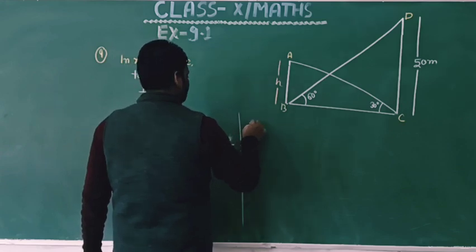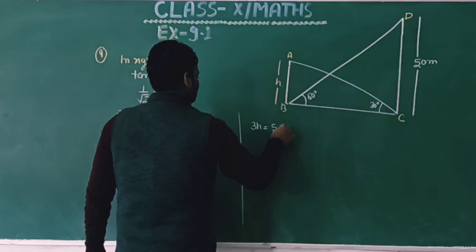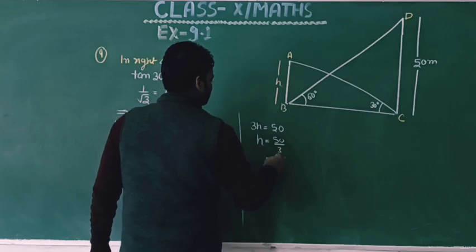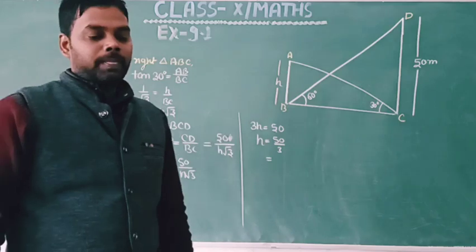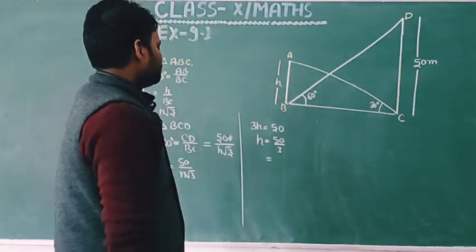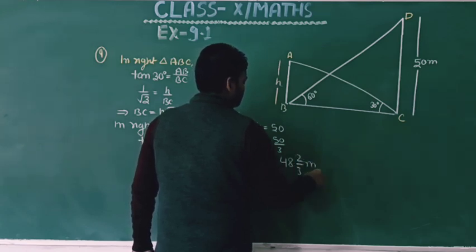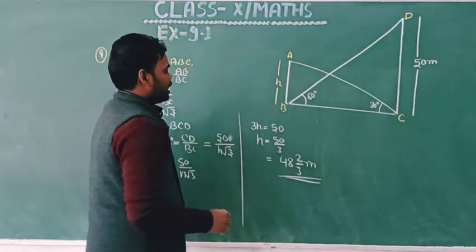So we get 3h equal to 50, and h equal to 50 by 3, which is equal to 16 whole 2 by 3 meter. Okay, so this is the required height of the building.